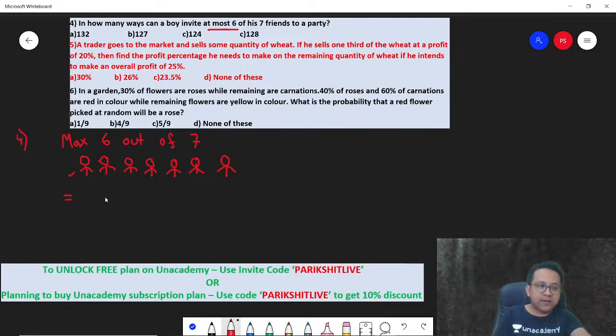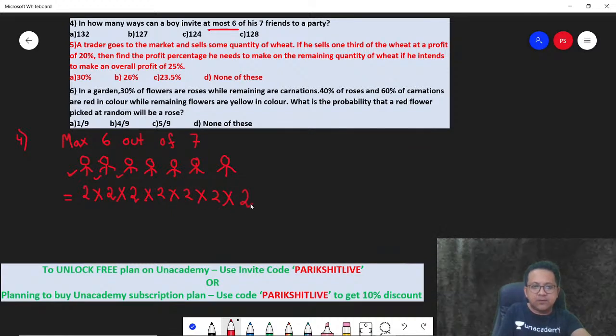Correct? So let's look at the first friend. What options do you have? 2 options. You either invite or you don't invite. And the second friend, again 2 options. Invite or don't invite. And the third friend, again 2 options. Invite or don't invite. So like this, for all the 7 friends, you have got 2 options.